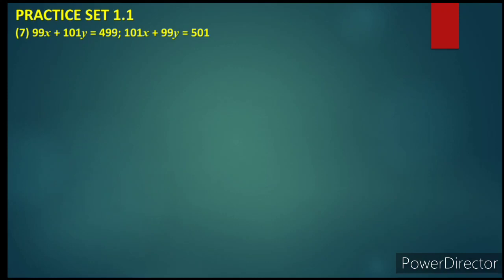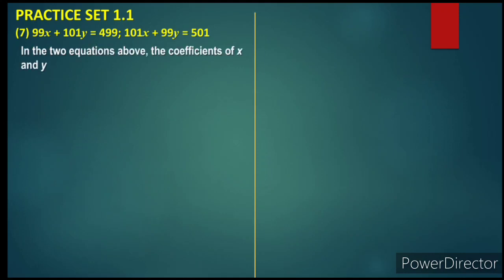You will see the equations have interchanged coefficients. In the two equations, the coefficients of x and y are interchangeable. So let's add the two given equations to get a simplified equation, and then we'll subtract the two given equations to again get a simplified equation.